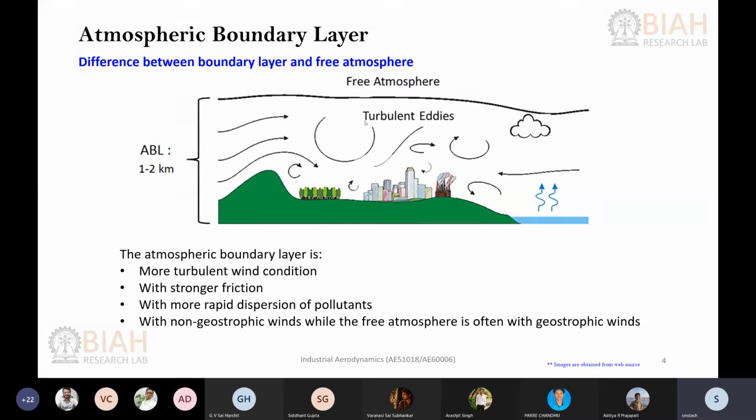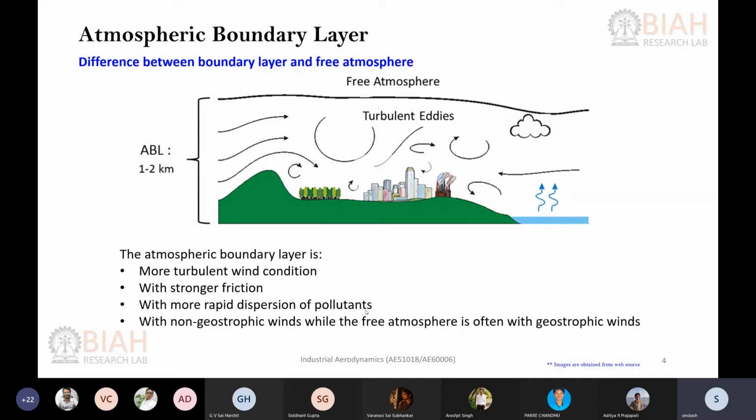The free stream or incoming wind breaks down into a lot of small and large scale eddies, which are generally called turbulent eddies. Due to that, you get a lot of atmospheric circulation in this boundary layer. So the wind is generally turbulent, you have a stronger frictional effect, and more rapid dispersion of pollutants.